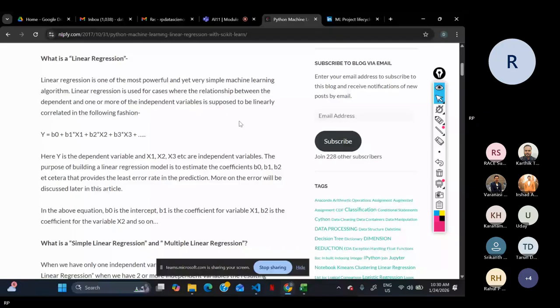So, linear regression is a regression algorithm. Any regression algorithm talks about the expected average of conditional y given x. X is our input variable or the feature, and y is our target.